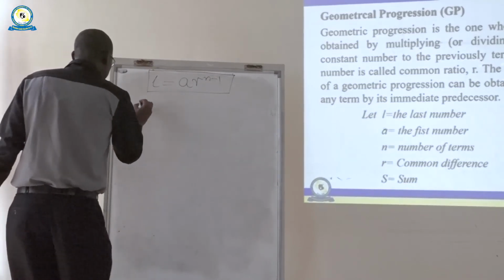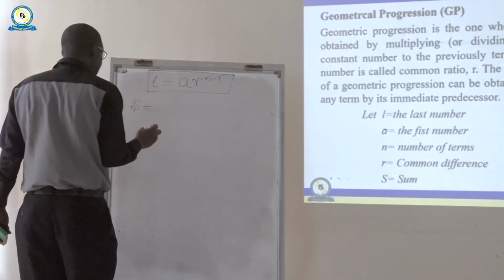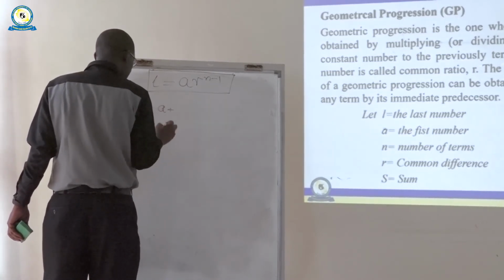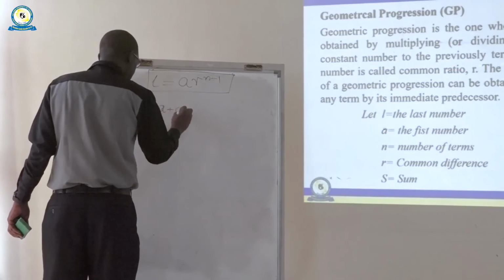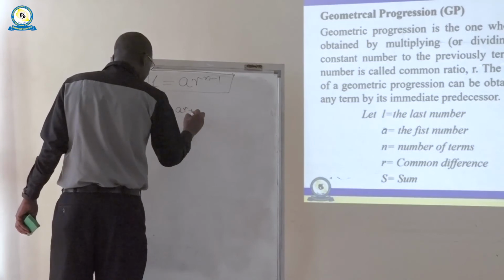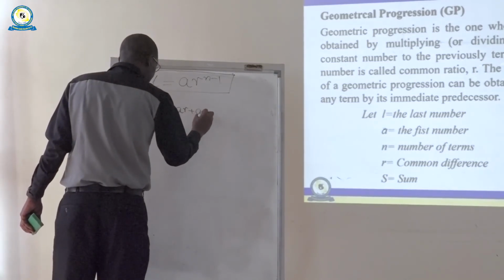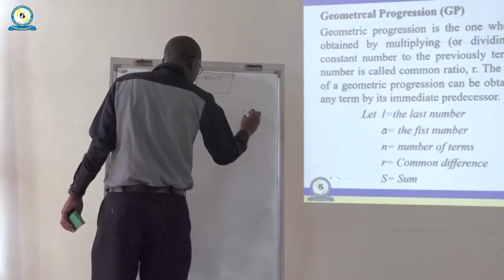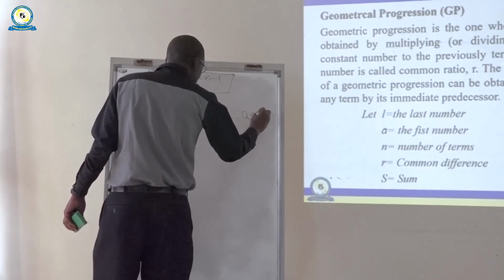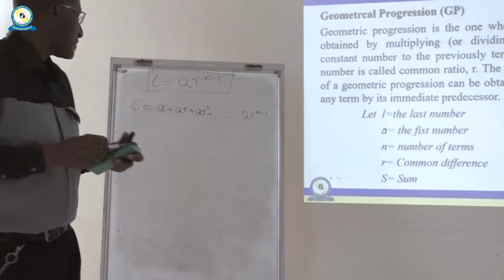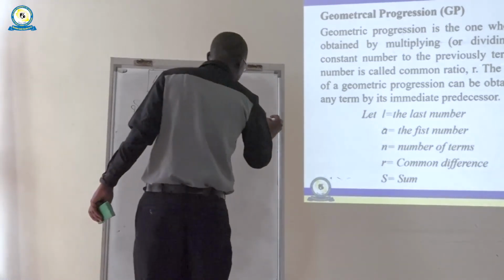Let the sum S be given by the first number A, plus the second number AR, plus the third number AR squared, plus up to AR^(n-1), the last one. This is equation number 1.